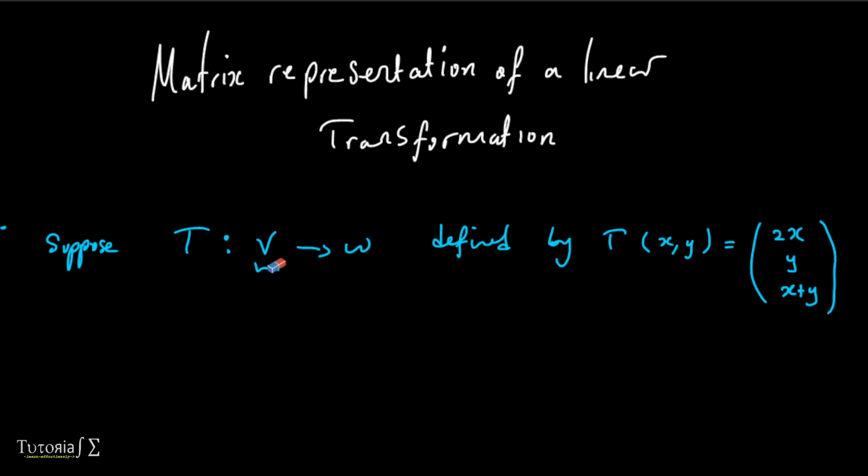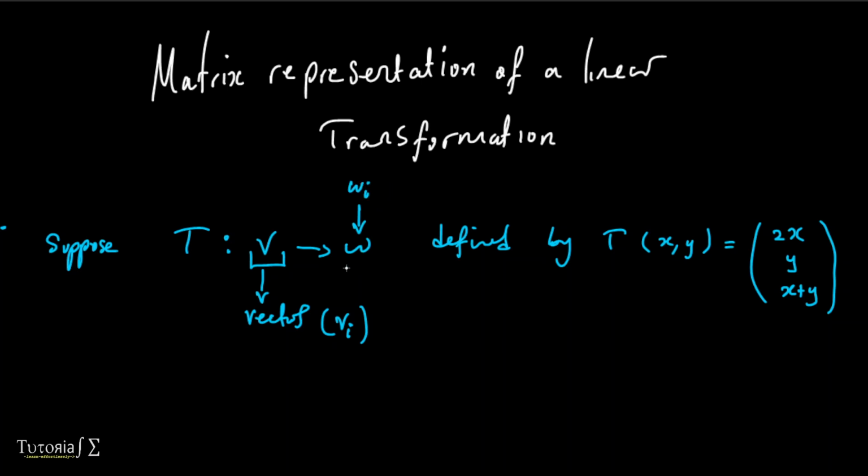So what then is the matrix representation of a linear transformation? Okay, it is very simple. So you need to know that this input has vectors, we're going to call them Vi, and this output has vectors Wi.